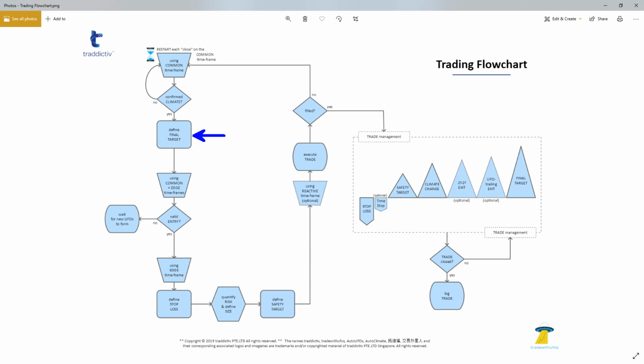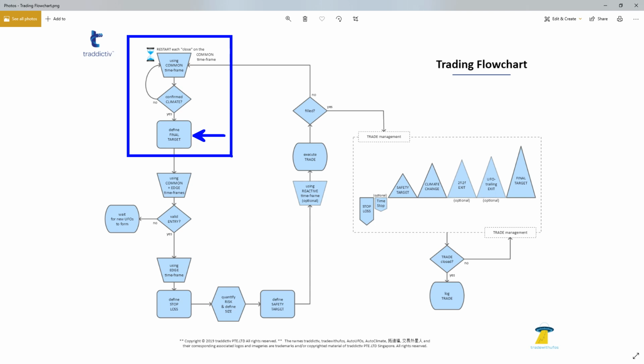And again, this concept of the next common time frame has been confusing for many of you, and I'm saying this out of emails received. Therefore, we have decided to do everything with one time frame. So both climate and target identification will now be done with the common time frame only, without having to switch to the next common time frame.